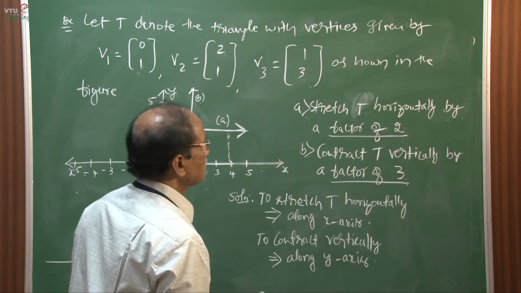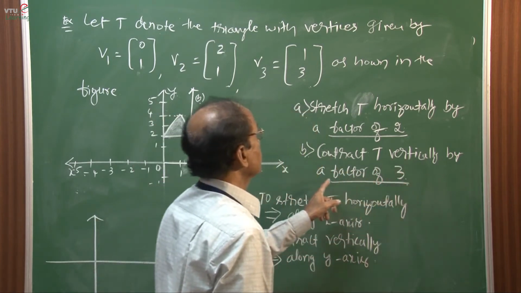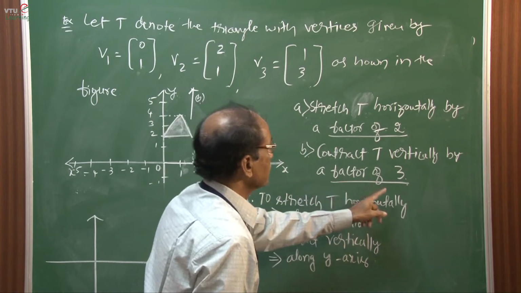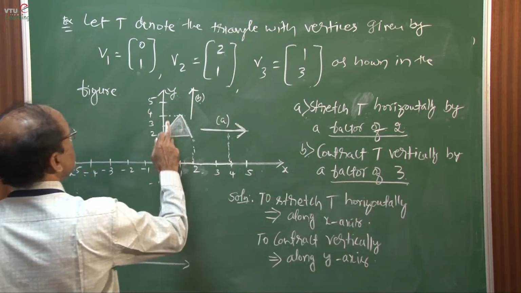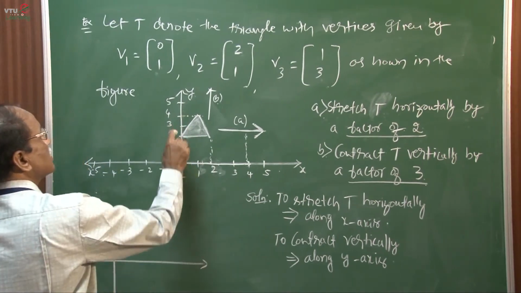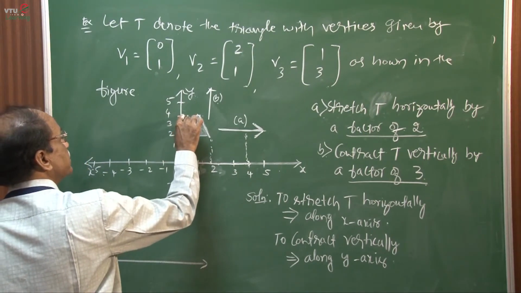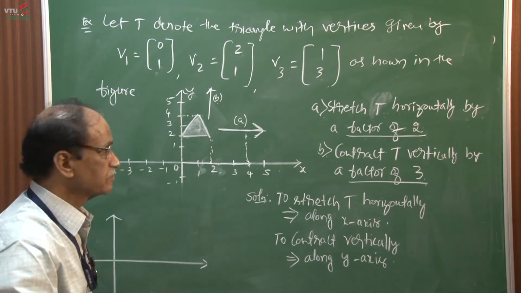And another question is contract T vertically by a factor of 3. Vertically by a factor of 3 means this one is already 1, 2, there are 2 spacings, first spacing and second spacing. Okay, 3 means one spacing you have to make extra.